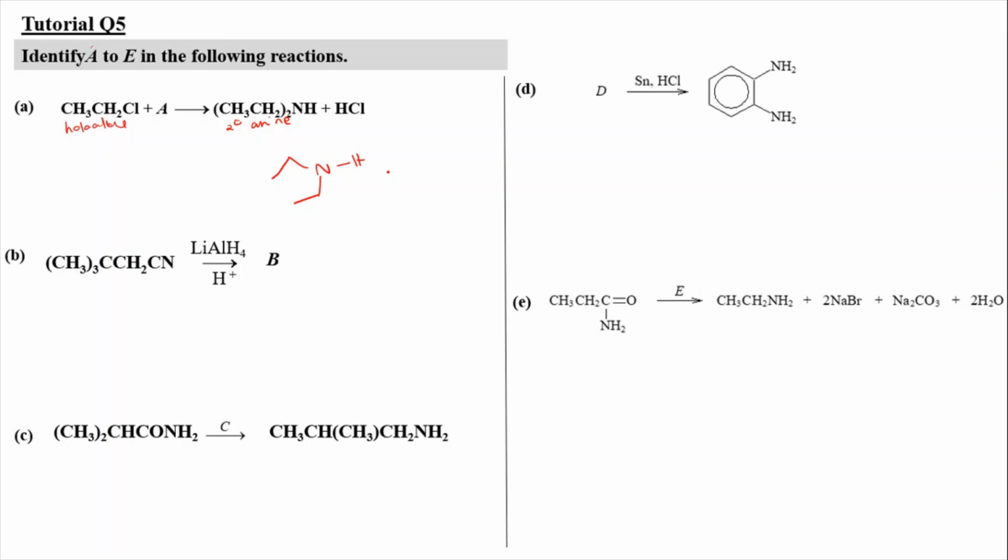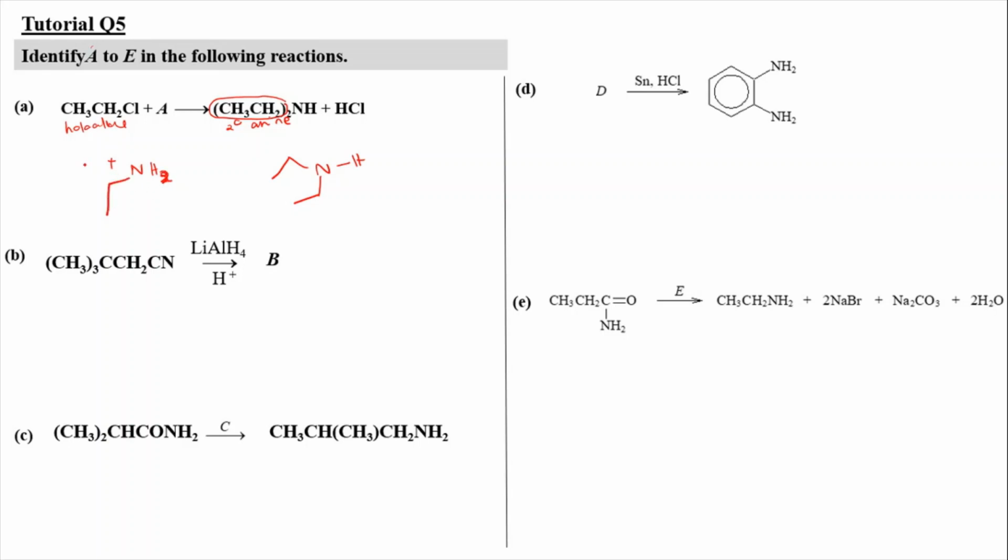So you know that the reaction of haloalkane with amine, let's say NH3, which is ammonia, is going to react and form an amine. But in this case, because it's going to give you another ethyl group, one of the hydrogens is going to be changed into an ethyl group.